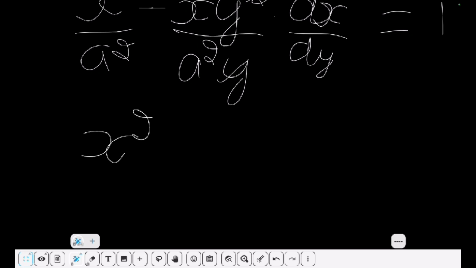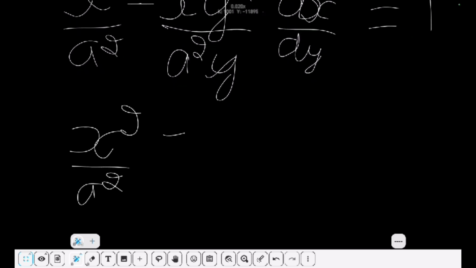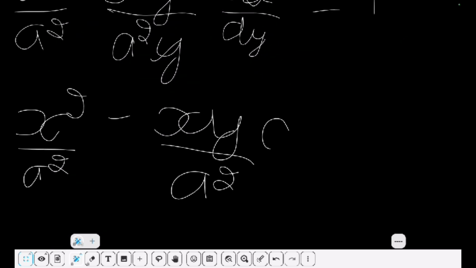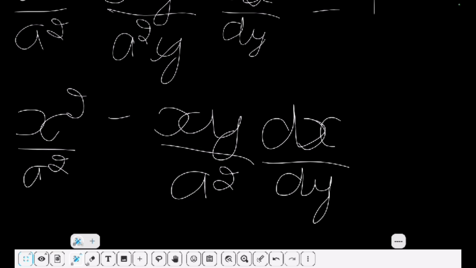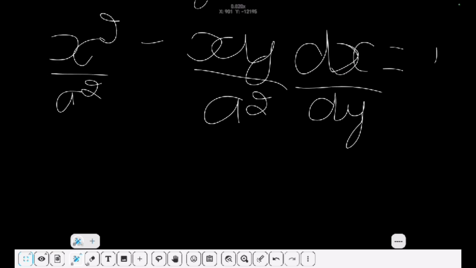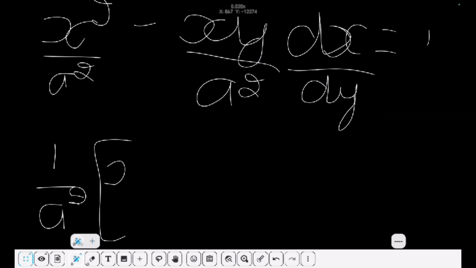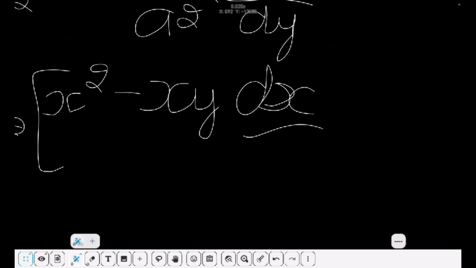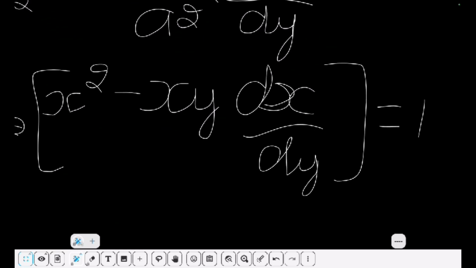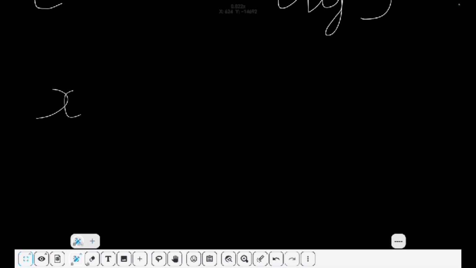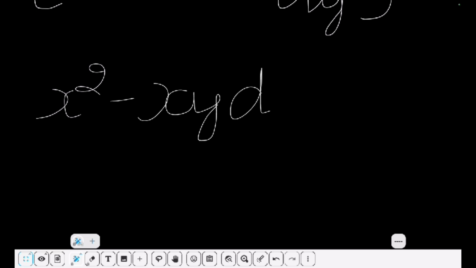That gives us x square by a square minus xy by a square into dx by dy, that equals 1. I can take 1 by a square common, that gives us x square minus xy into dx by dy equals 1. Again, x square minus xy into dx by dy that equals a square.